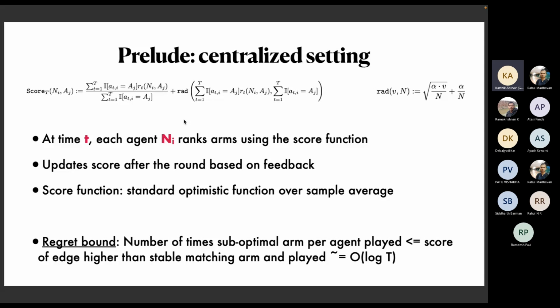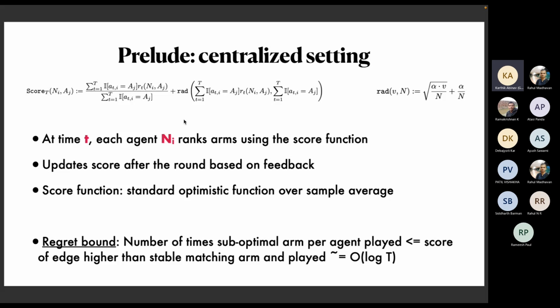So the centralized version is a pure generalization of how it would work with one agent, except that each agent is doing this independently. To compute the regret bound, you have to see how many times you're playing an edge that is not the edge in your hindsight stable matching.